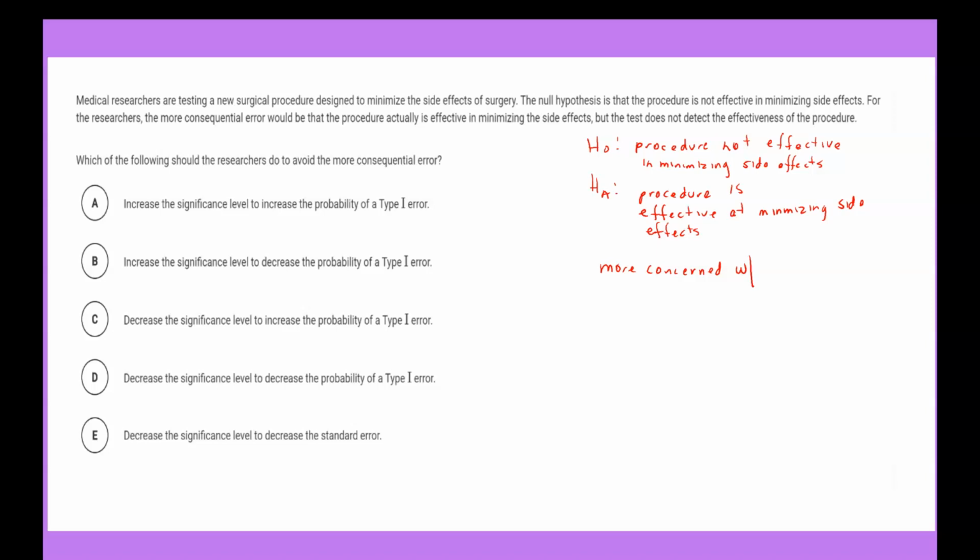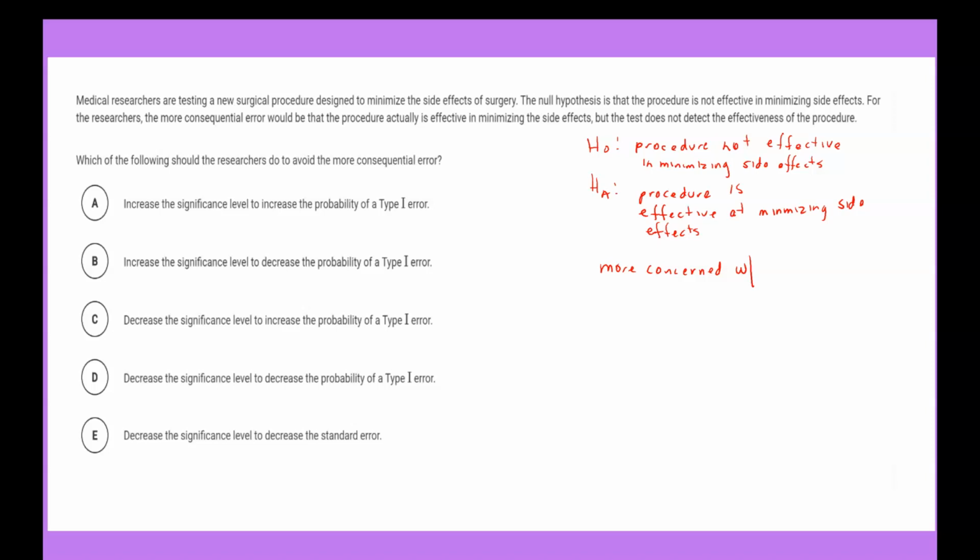When you're doing this problem, I always restate the null and the alternative so it's more clear to me, and then you have to decide what the more consequential error means. They're more concerned with the fact that they failed to reject, because if they didn't detect it, they failed to reject the null hypothesis when in fact they should have.